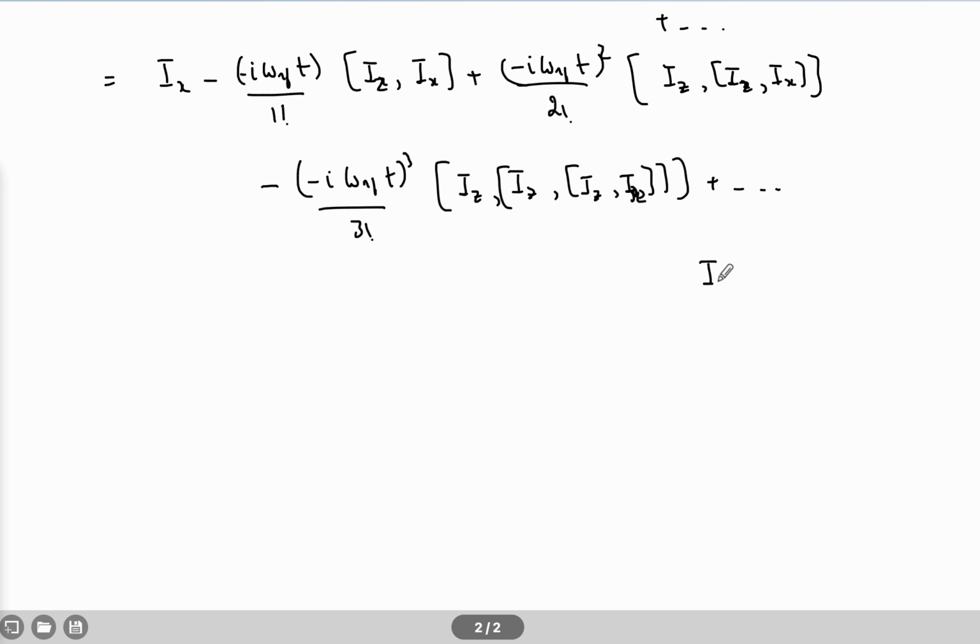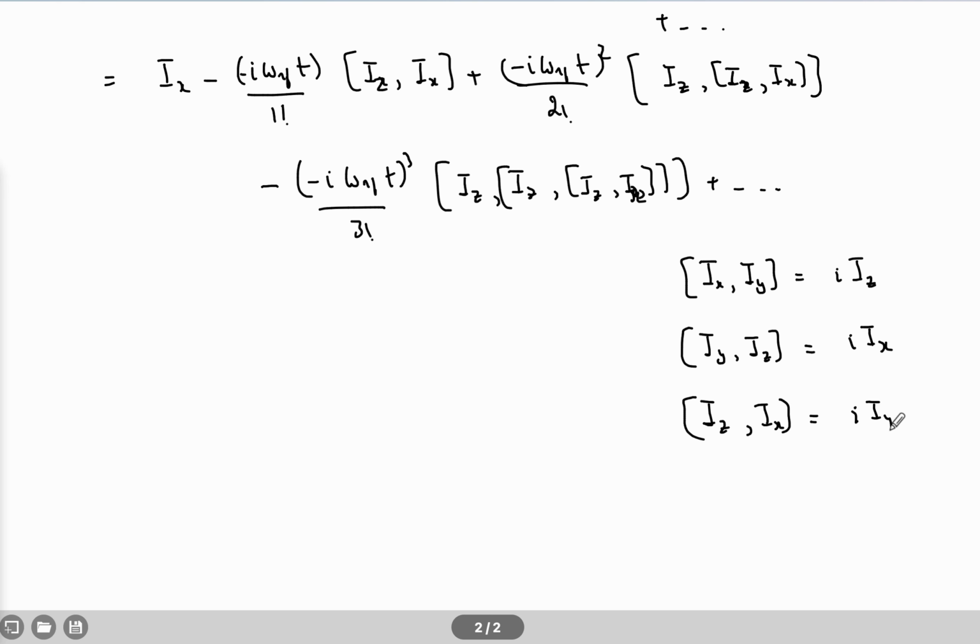If you remember, we had discussed that [Ix, Iy] is a cyclic commutation which gives you i Iz. If I take [Iy, Iz], it gives me i Ix. If I take [Iz, Ix], it gives me i Iy.